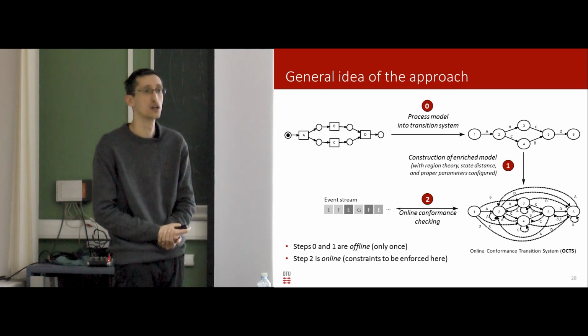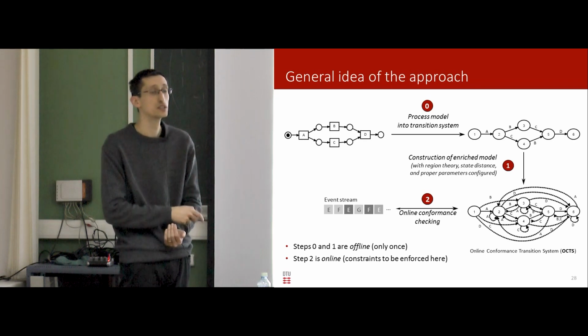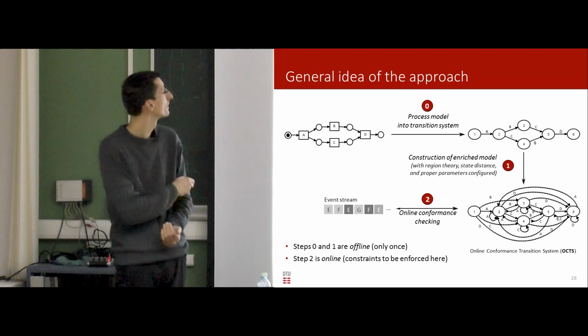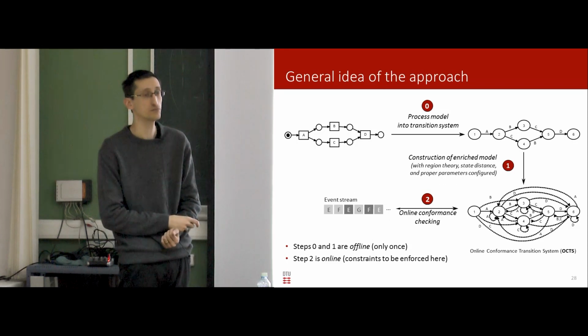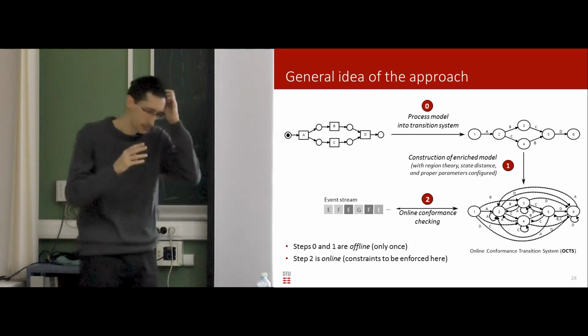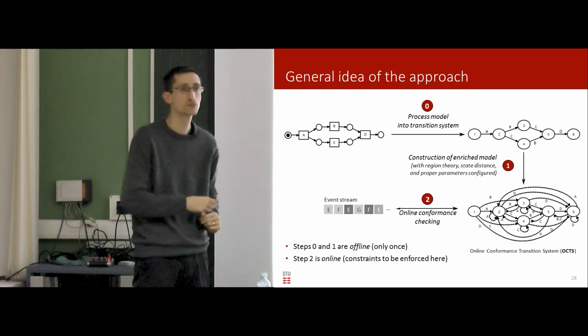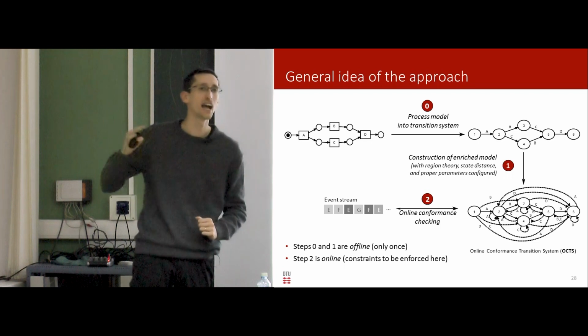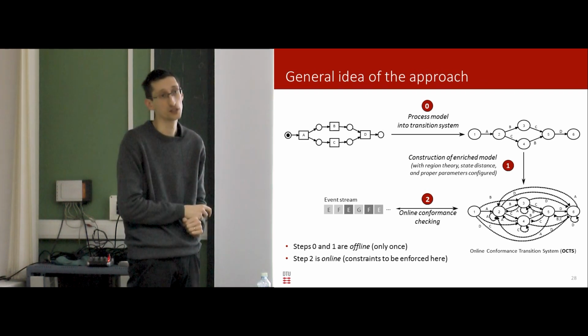What is the status of the model above? It doesn't describe all possible transitions. This one? Yeah. This describes only the transitions that are allowed by the model. But maybe it's a good idea to step back. If we have a reference model, we may have executions that are deviating from this model.